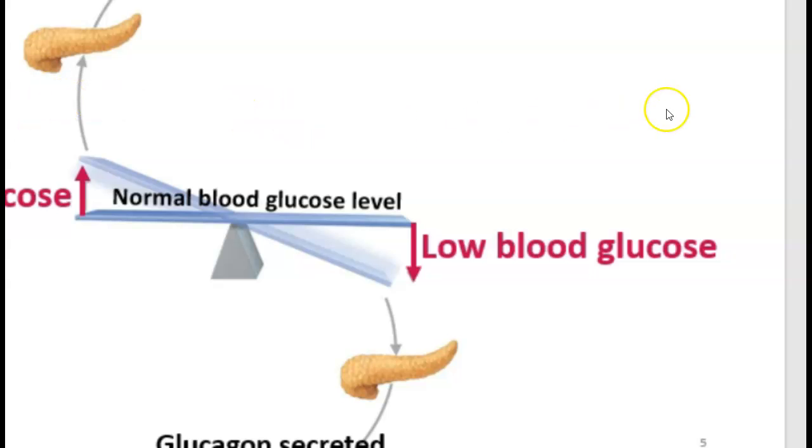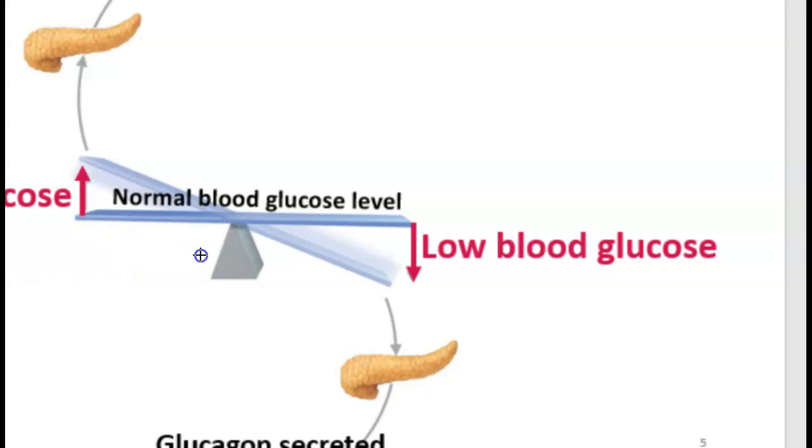So the stimulation of insulin and glucagon production is humoral, and that means that there's a parameter of some sort in the blood that's recognized by a sensory component in the pancreas, and a hormone is made in response. And of course, the parameter is the level of glucose in the blood.